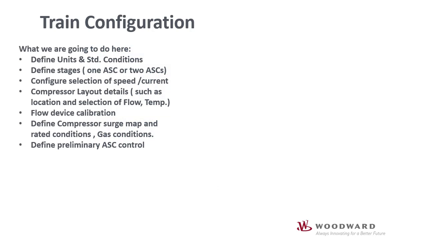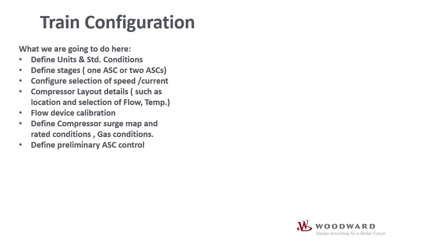Now we are on the train configuration page. You can see on this screen there are several options to start with the train configuration. What we are going to achieve here: we'll define units and standard conditions, and the number of stages. Do we have one anti-surge or two anti-surge?